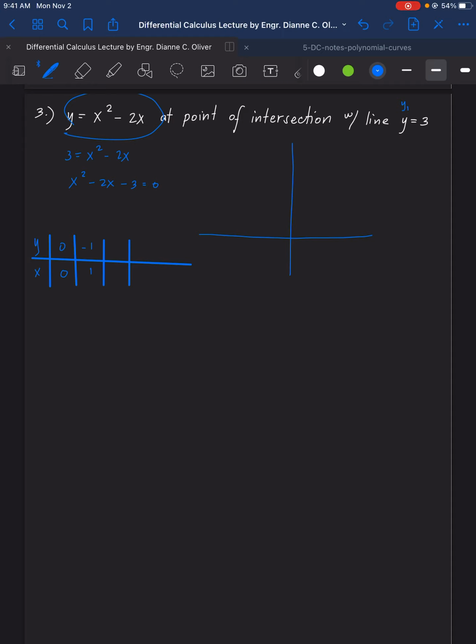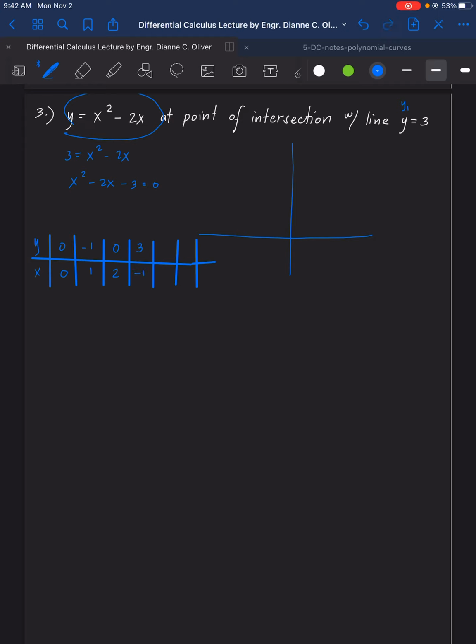If we put the value of 2 with the x here, this becomes 4 minus 4, so if 2 is the value of x, y will become 0.